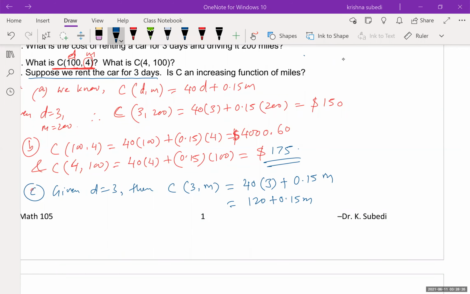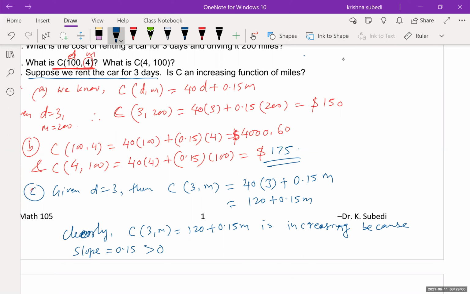So clearly, this function C(3, M) = 120 + 0.15M is increasing because your slope equals 0.15, which is positive.